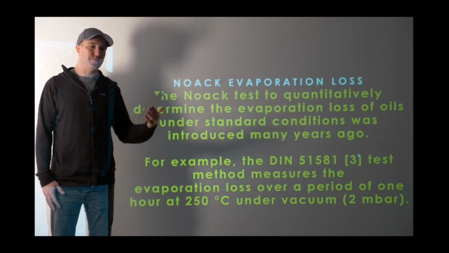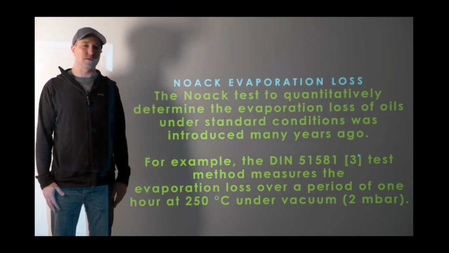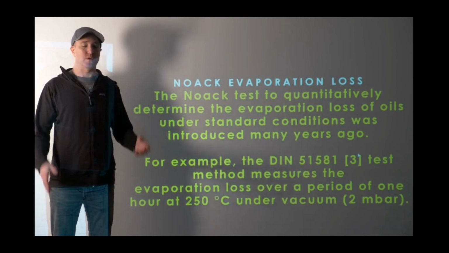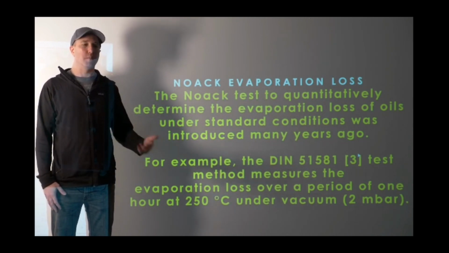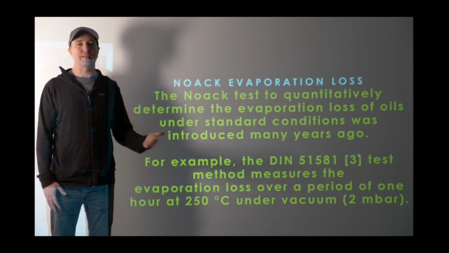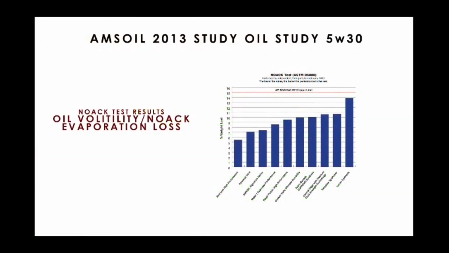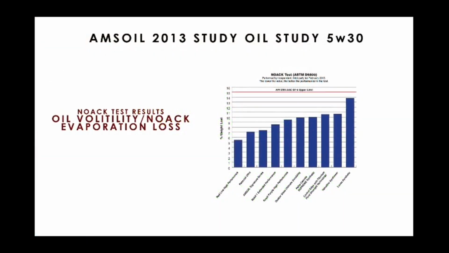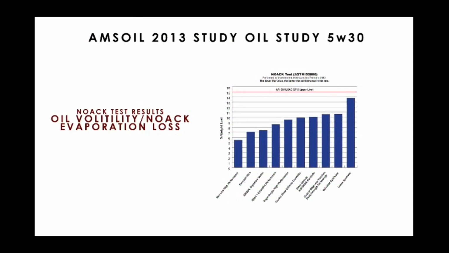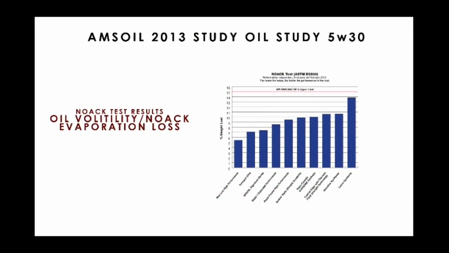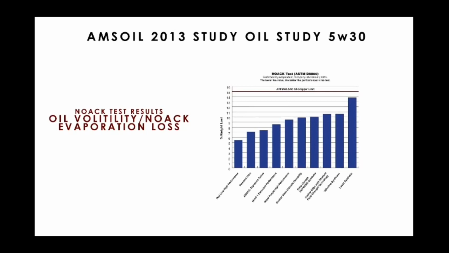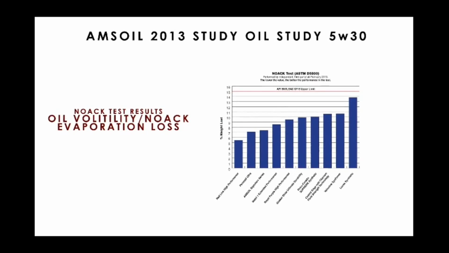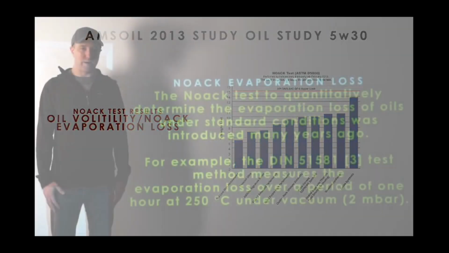So you have to go out on your own and do the research, and most Group 5s, which are true synthetic oils, will publish their oil volatility percentage. And it seems like through the studies I've read, you want something less than 7% oil volatility. Again, the lower, the better.